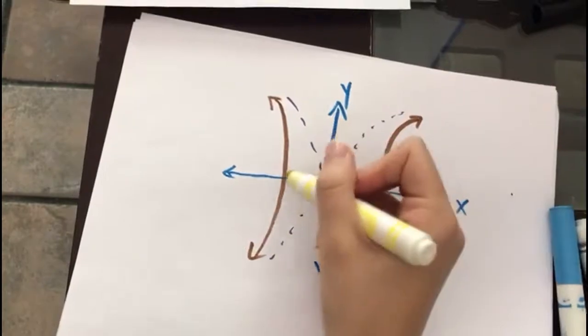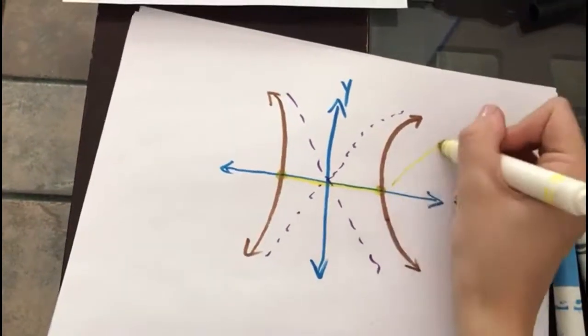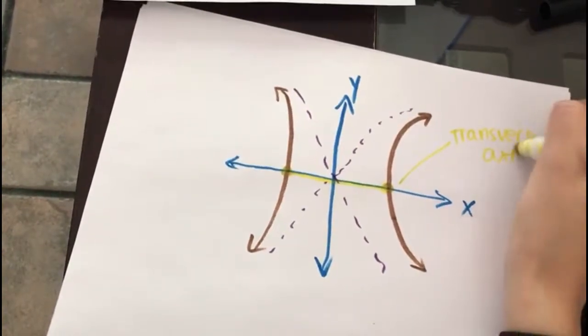The vertices of those two curves make a transverse axis.